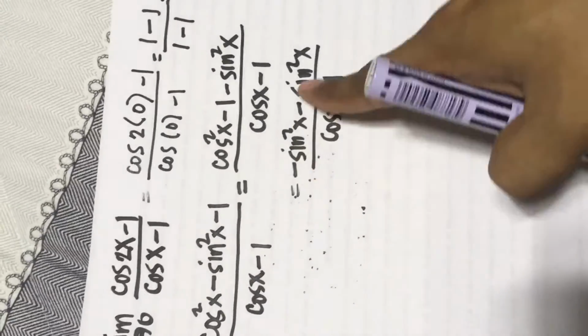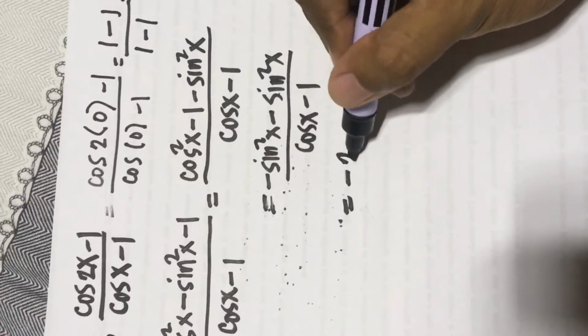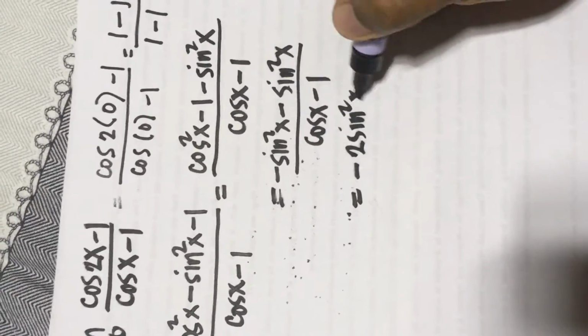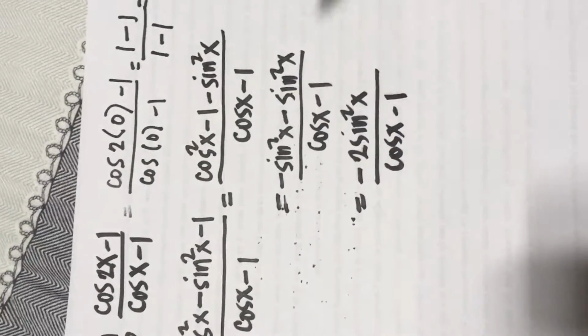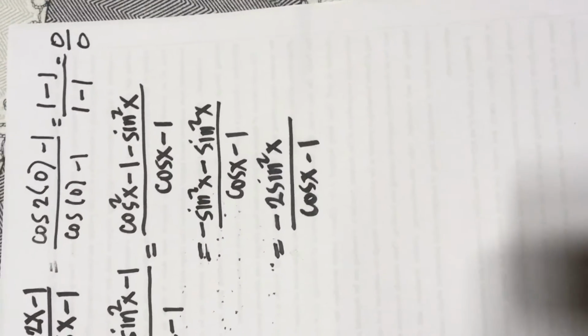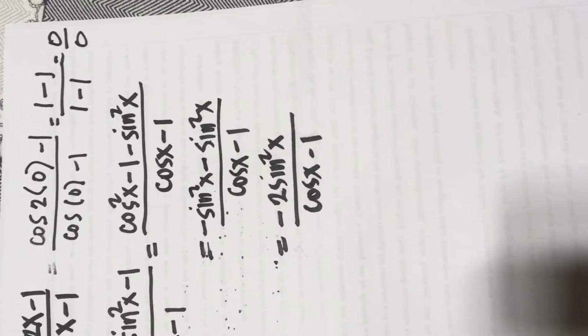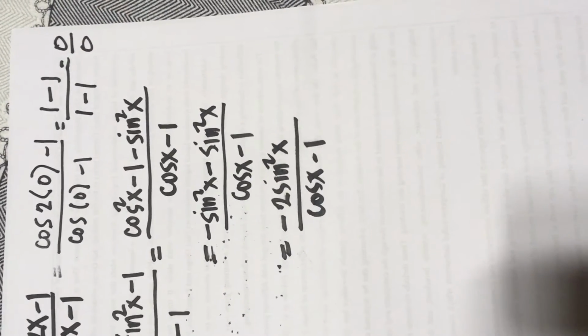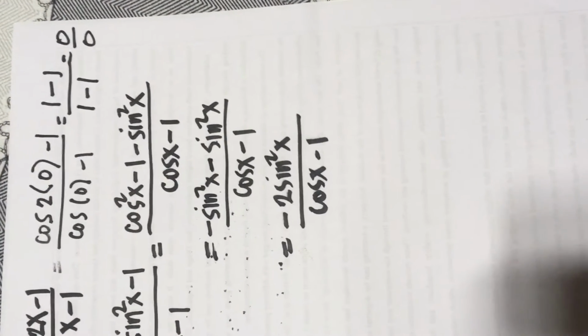And then this is negative, that will be negative 2 sine squared x all over cosine x minus 1. It is already simplified, but still if you will direct substitute the value of x, that would still be indeterminate.